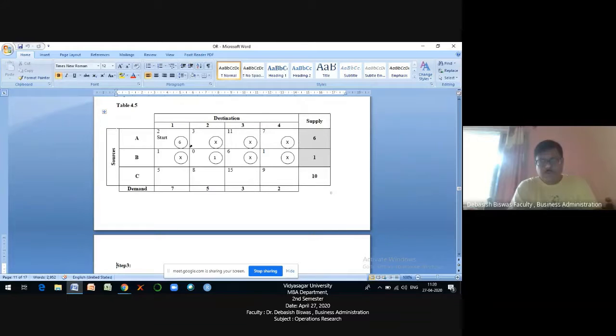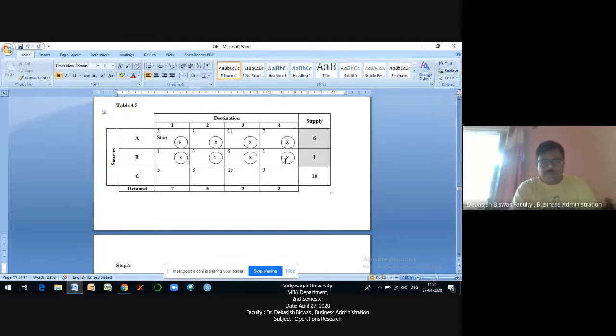So this row will not be considered further, and this row has been already deleted when we have completed the first table, and this row has been deleted right now after completion of this second table, right?